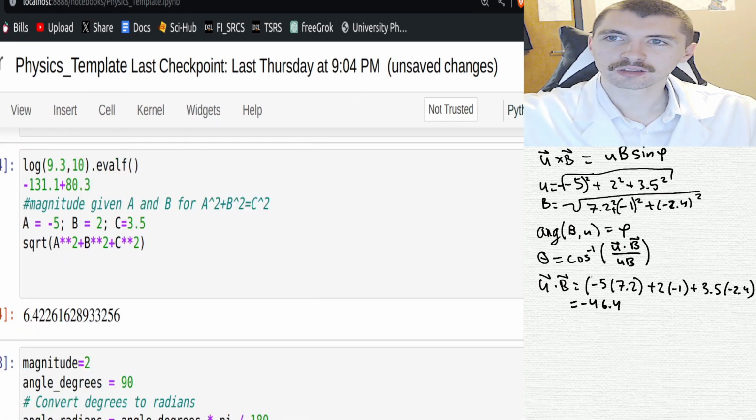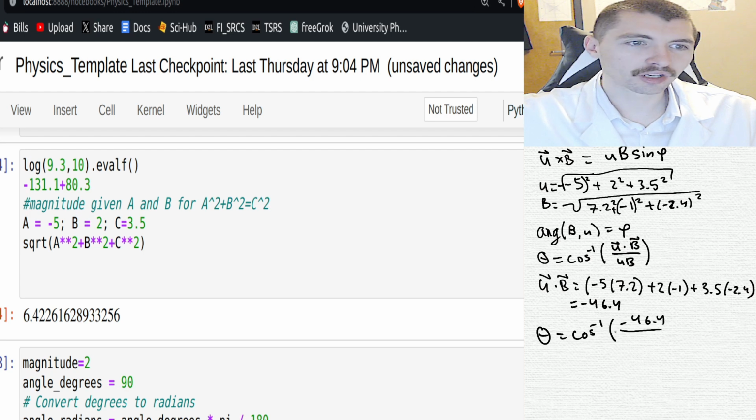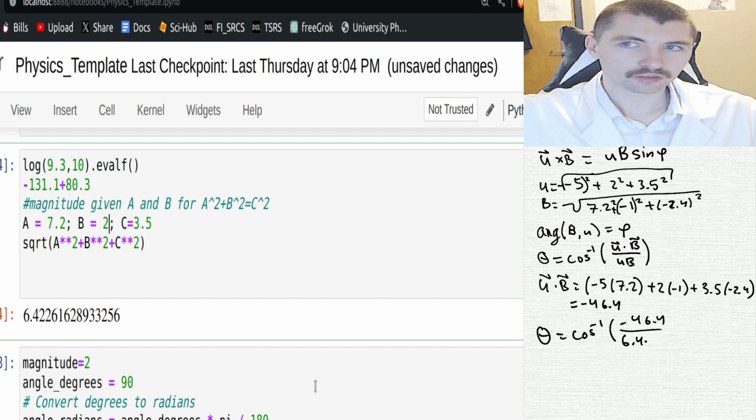Okay. So I'm thinking theta is cosine -1 of -46.4 divided by 6.4 times 7.2 times -1 and -2.4.